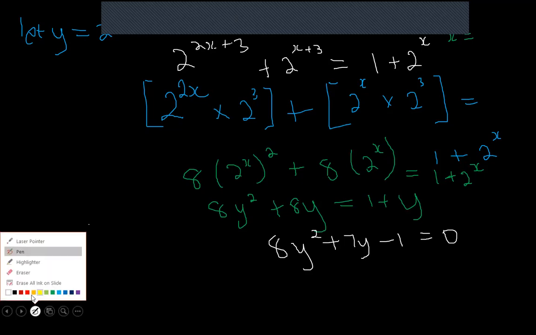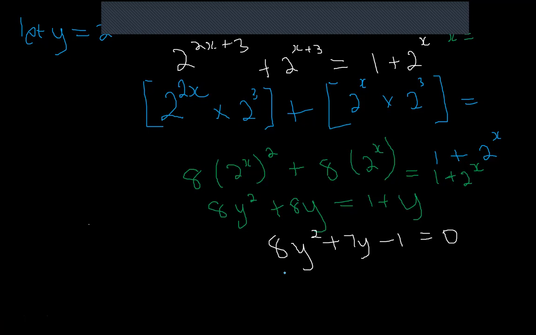This particular quadratic can be factorized. So I would solve it by factorization, or you can use the formula if you're comfortable with that. So this would give me 8y squared, my bad, 8y squared plus 8y minus y minus 1 is equal to 0.